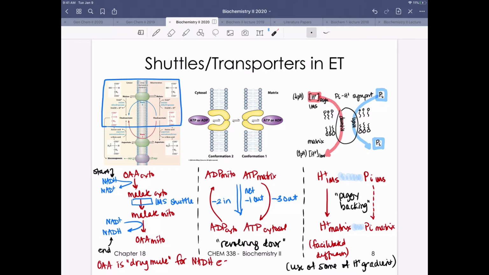We're going to be associating malate dehydrogenase, which we learned in our last learning unit on the citric acid cycle, has both mitochondrial and cytosolic forms.